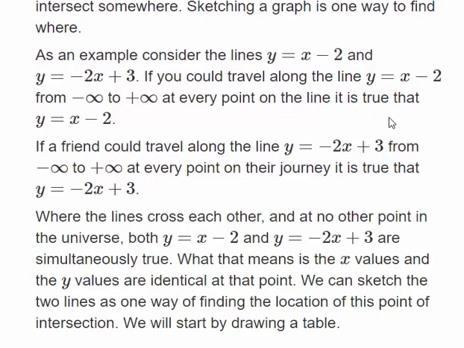Where the 2 lines cross, and at no other point in the universe, both y equals x minus 2 is true and y equals minus 2x plus 3 is true, what that means is the values of x and y in both equations are identical.